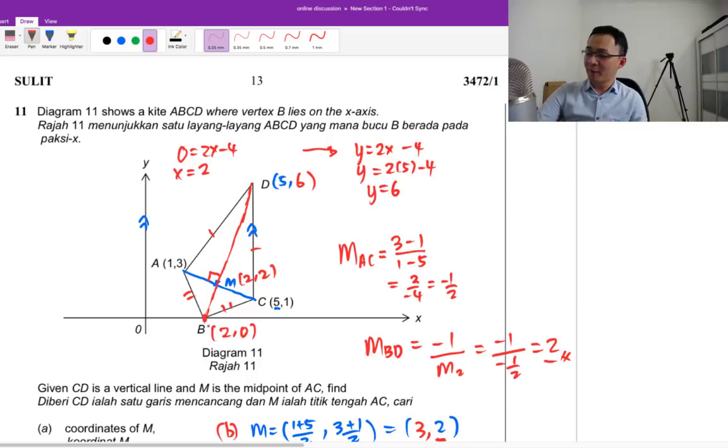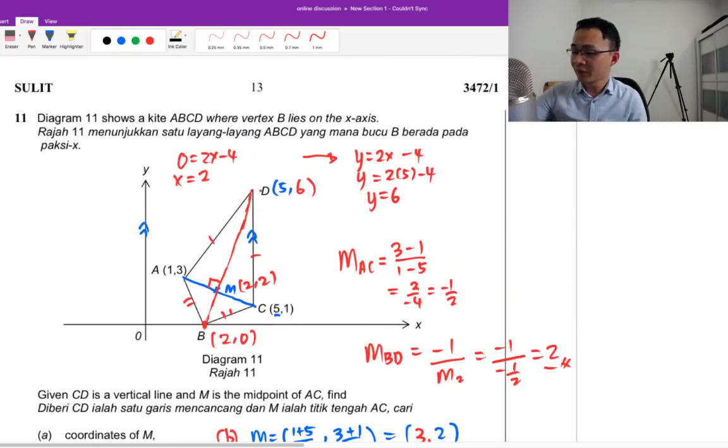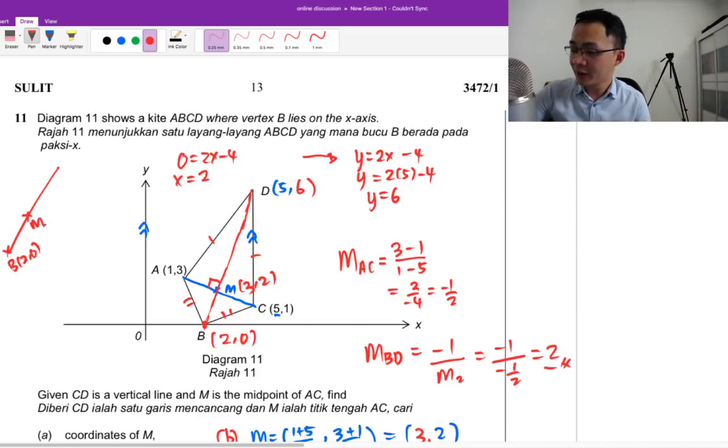Okay, now I have B, M, and D. So let's do the ratio part. I will roughly draw here. My B is (2, 0), and my M is (3, 2). And then I have D, which is (5, 6).